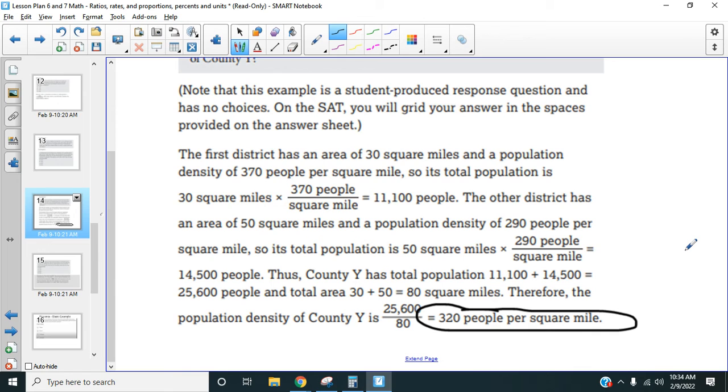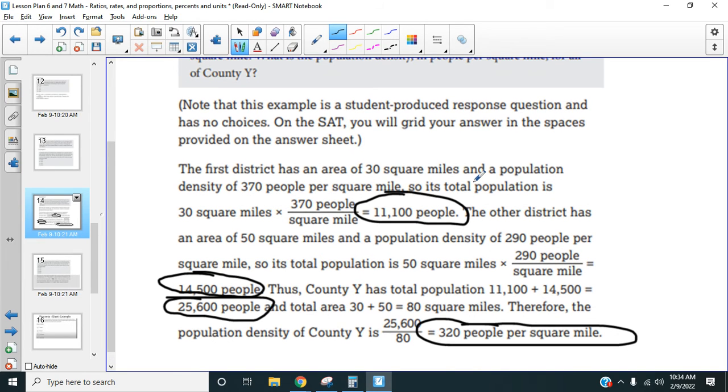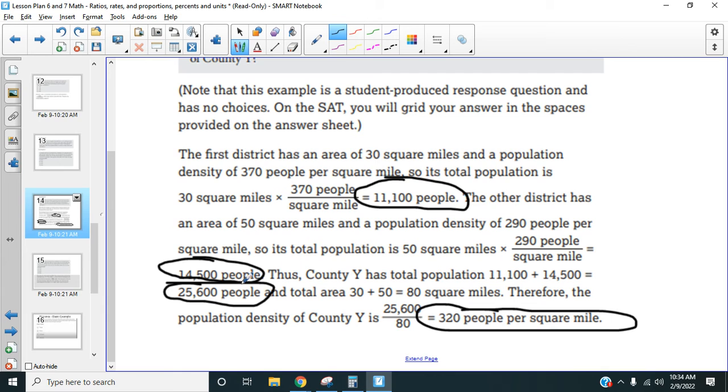You had to multiply people per square mile times the square miles. So we had to do this to get 11,100. Had to do the same thing to get 14,500. That's 25,600. And then divide by the total miles, right? You had 30 square miles and 50 square miles. So you had to take that answer divided by 80.